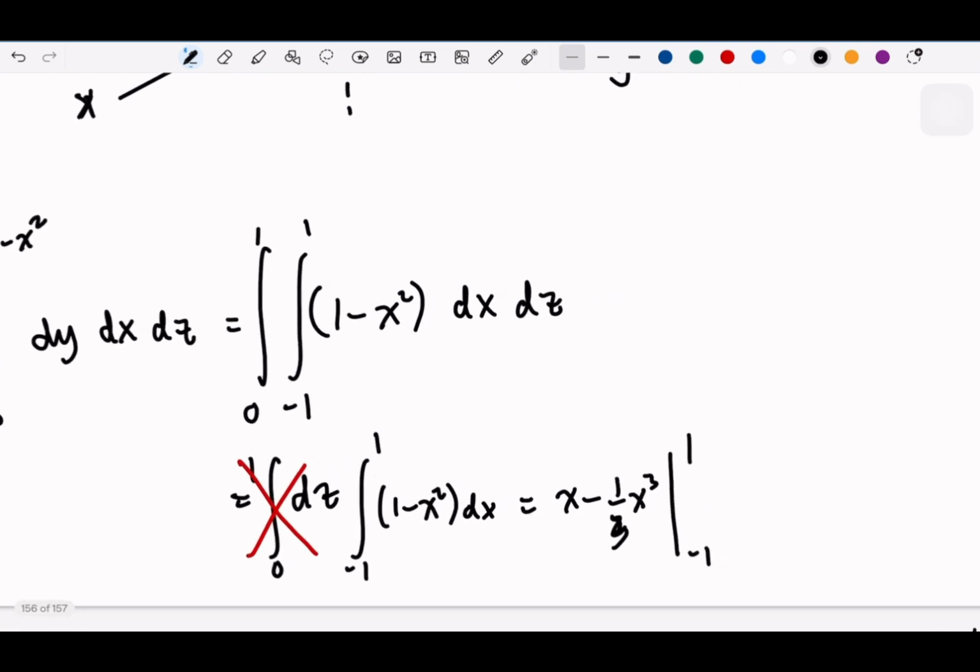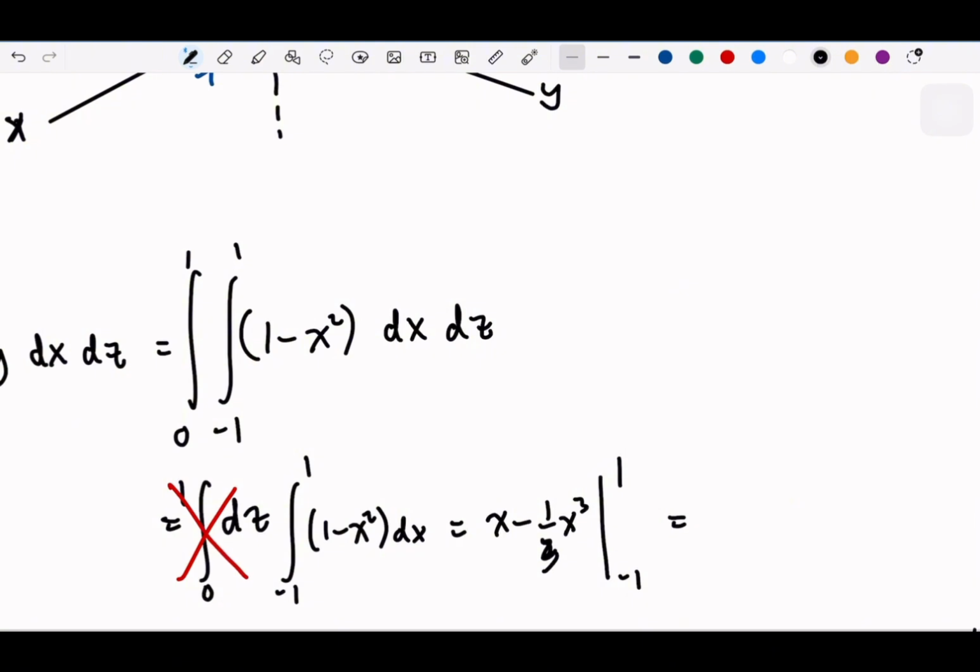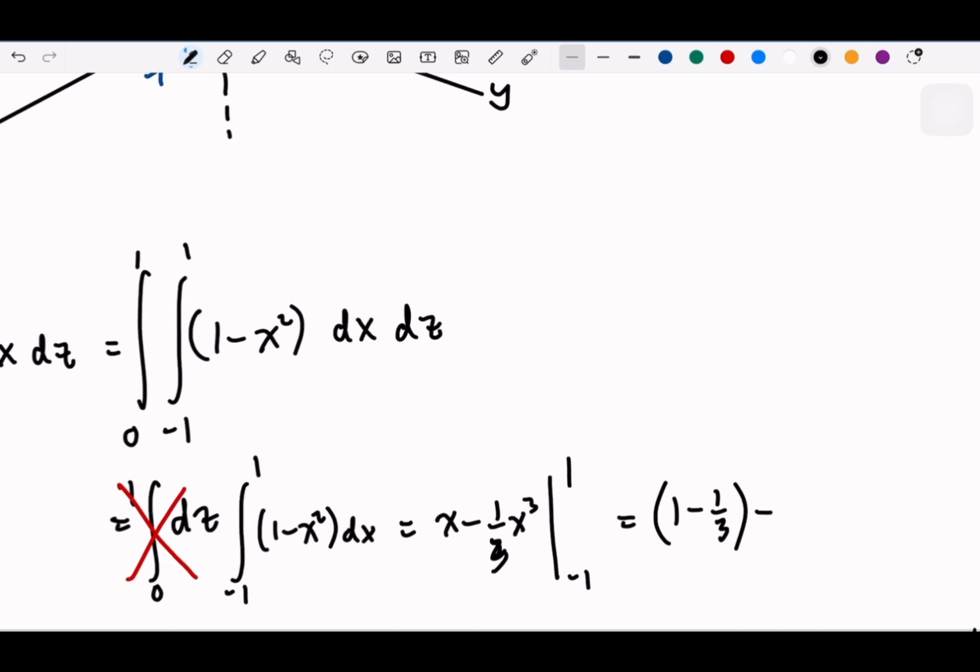So this will be 1 minus 1 over 3 and minus minus 1 minus plus 1 over 3, right?